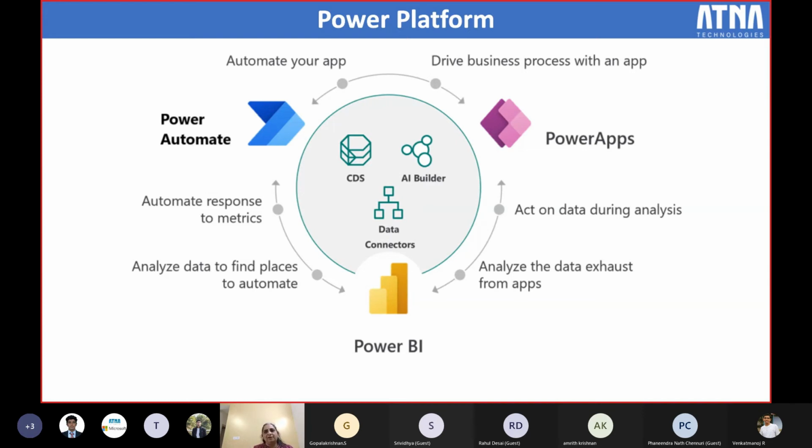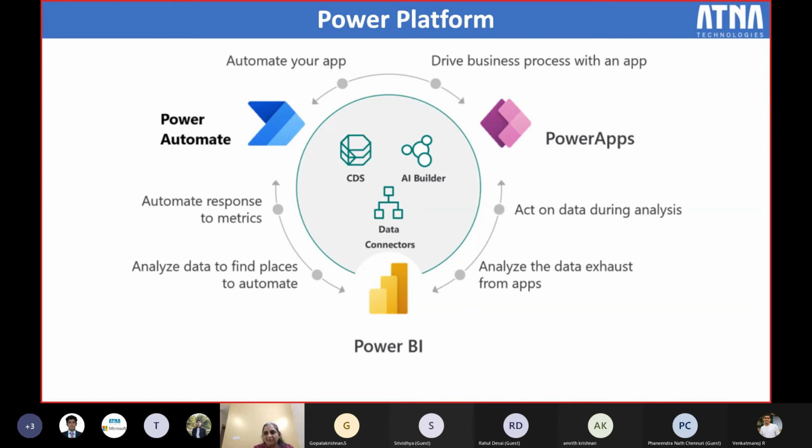So together they make a perfect combination in the sense that the data entry and the validation can be handled by Power Apps, or any process initiation can be handled by Power Apps. And Power Automate is the one which would handle the automation of workflows for us, or communication between different systems. And the data thus collected can be analyzed in Power BI.